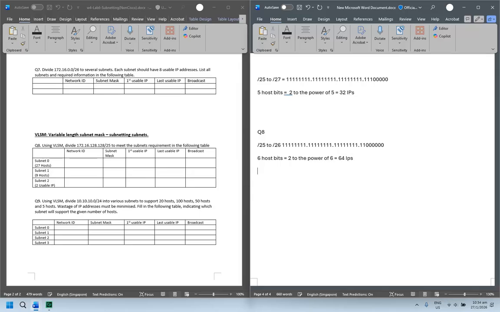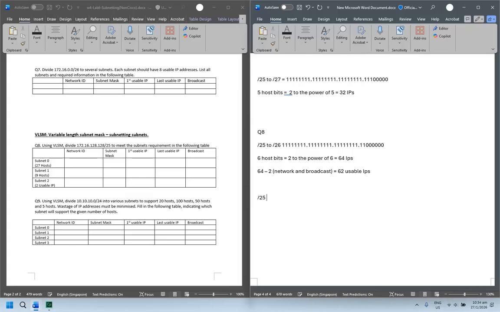Definitely we cannot use all 64, so 64 minus 2 because of the network and broadcast, we'll be left with 62 usable IPs. So a /26 subnet mask will definitely accommodate 27 hosts, but we need to try a more efficient subnet mask.